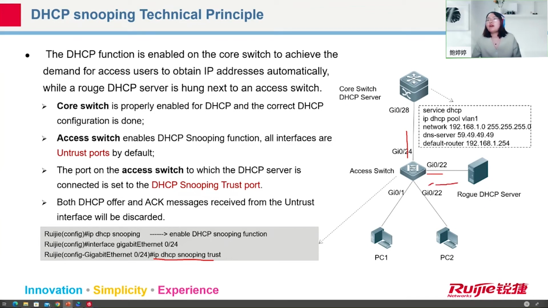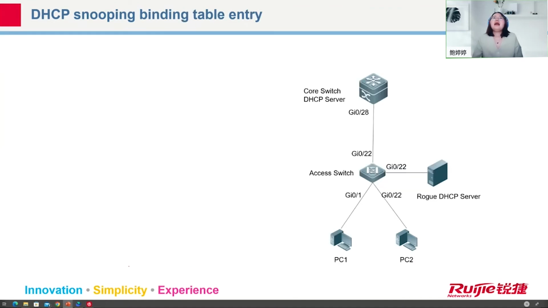But when the offer replies come back, the switch only forwards those from the trust interface, and the other message will be discarded. So this is the function of the trust interface.